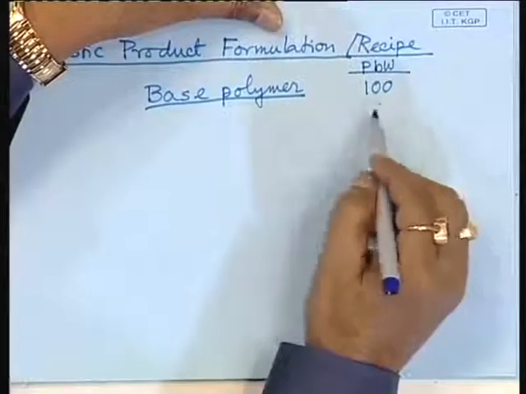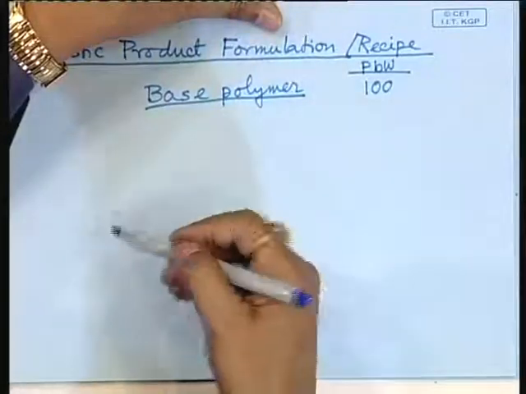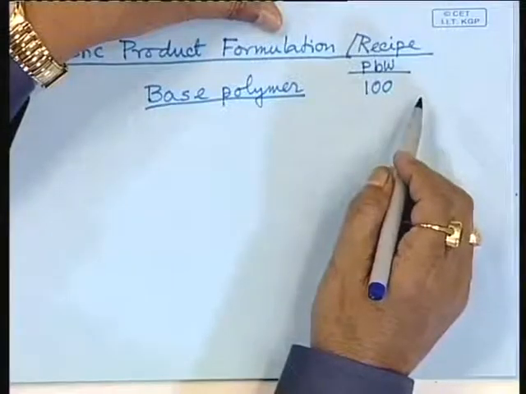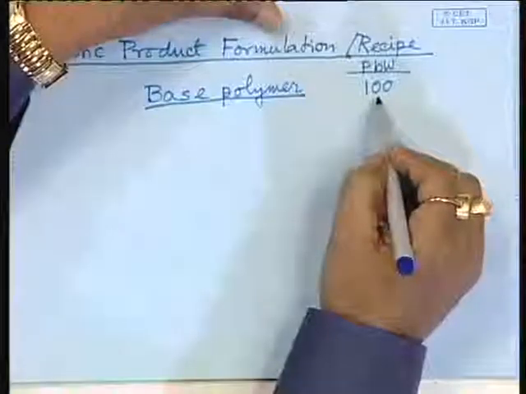So, if you take the base polymer as 100 parts, then correspondingly what will be the amounts of the ingredients taken. This is the main polymer phase, 100 parts. That means you may take 100 gram, 100 kg, or 100 ton. In one batch of product formulation, you start on the basis of 100 kg or 100 ton of polymer. It is better to write it as 100 kilogram.